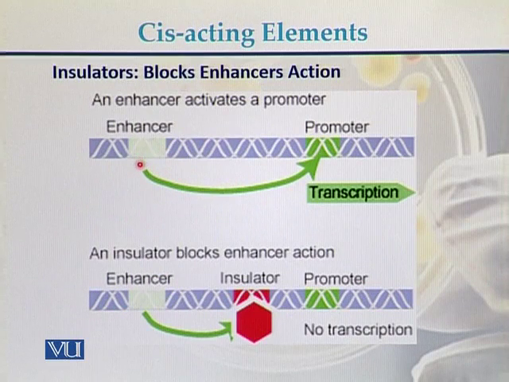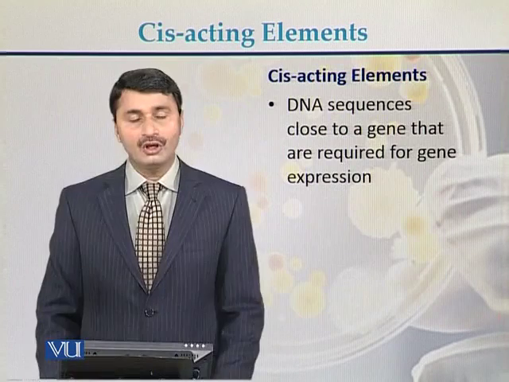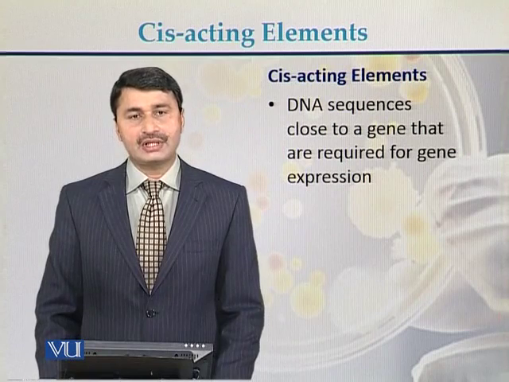If an insulator is present between the enhancer and the promoter, this insulator sequence can block the action of the enhancer sequences. In this diagram, we can see an enhancer and an insulator. So the insulator will act as a barrier for the expression of the gene, or it will be a barrier for the heterochromatin.